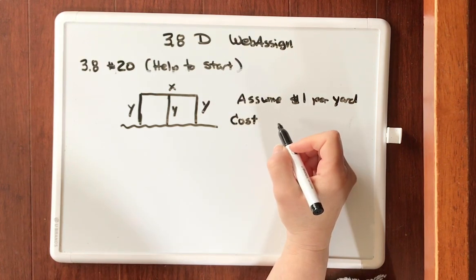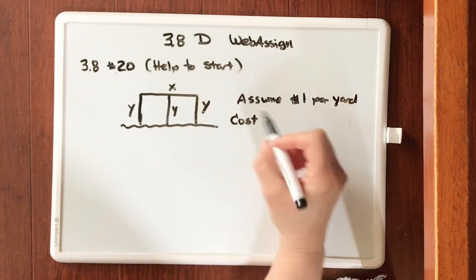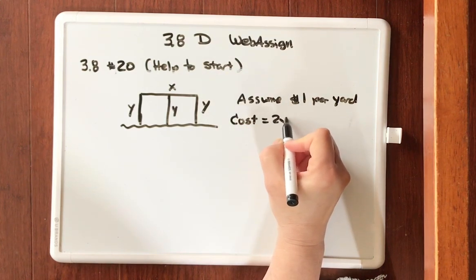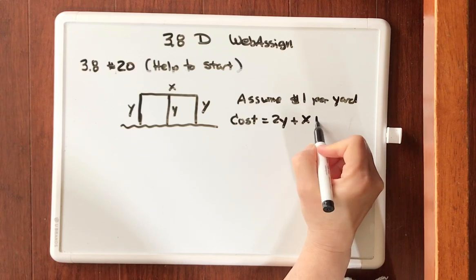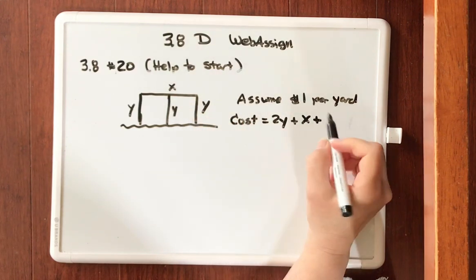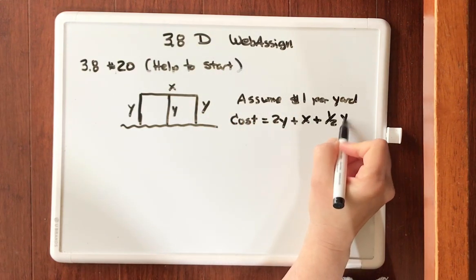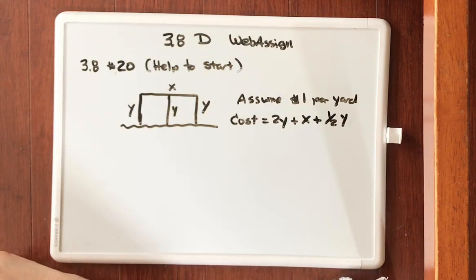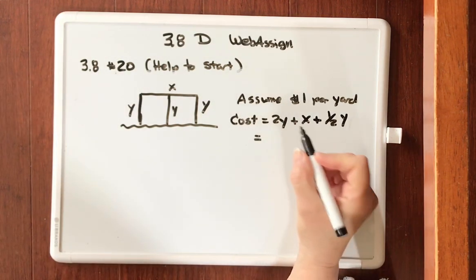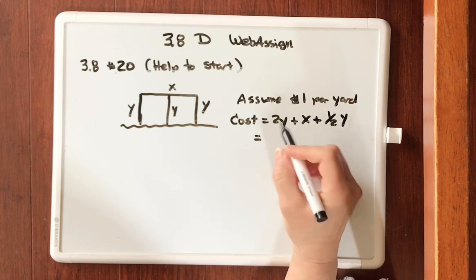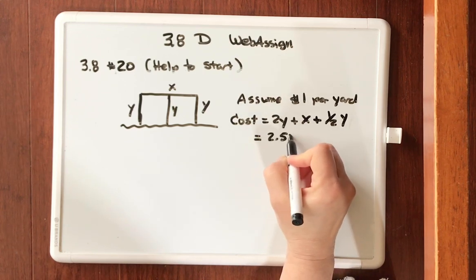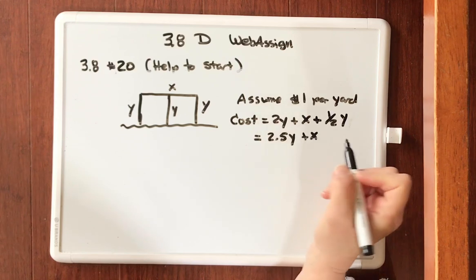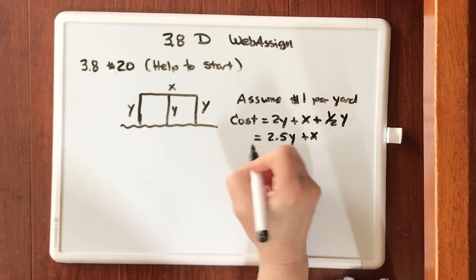All right, we have two equal Y's, we have an X, and we have half of a Y in cost. Okay, so when we put this together, we're going to have 2.5Y, you can think of it that way, plus X.